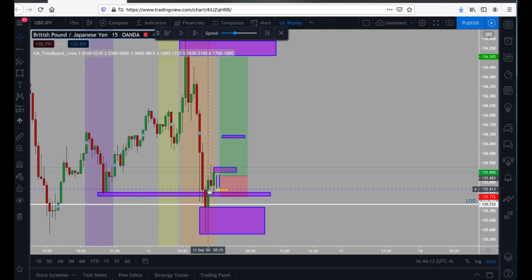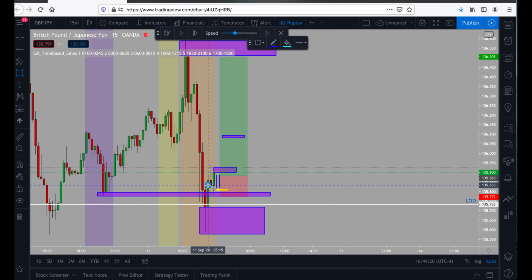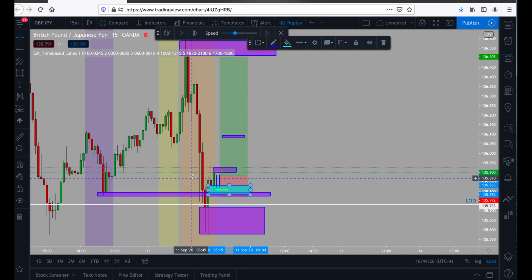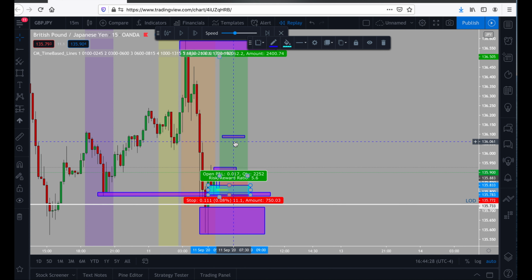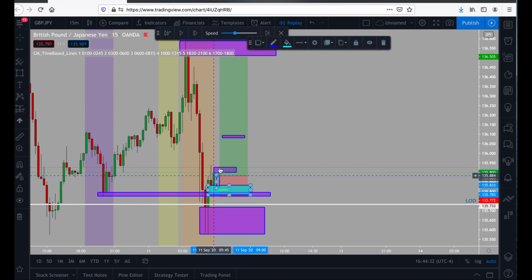So when I seen this candle form right here, what I did was I took my box and then I drew it across right here. So this was my support area. I was waiting for the pre-New York session to start, and as you can see, it's going to highlight blue.